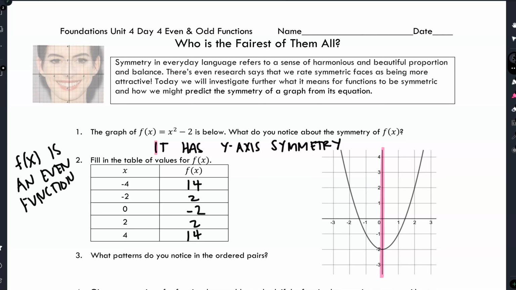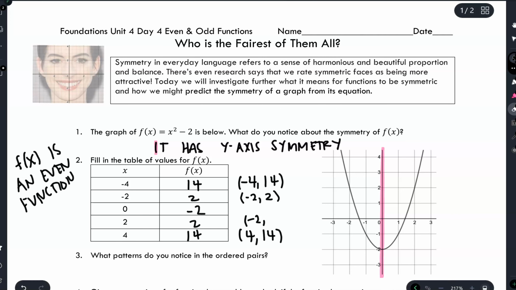So this ordered pair right here, -4, comma 14, looks very similar to when I plug in a positive 4, right? It's symmetric there. Also with a -2, same thing is happening, right? I've got a positive 2. And when I plug in a positive 2, I get a 2.